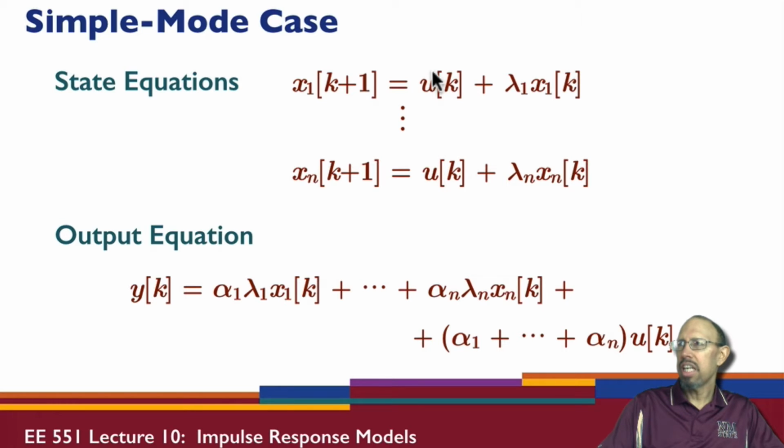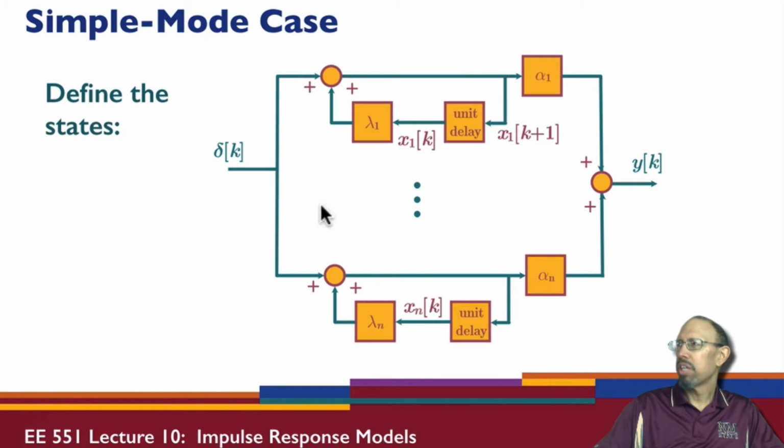And so we have the state equations. We can also write the output equation. Y of k is equal to alpha 1. Okay, so let's look at the output equation. In terms of the state variable, y of k is equal to alpha 1 times lambda 1 times x1.